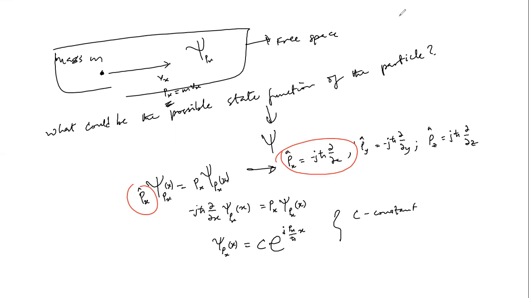Now, should this particle be incident upon a boundary, probably of a different layer, then we begin to establish some boundary conditions at this point. But in the case of free space, the particle is assumed to move freely. Hence, there are no boundary conditions on the state function.